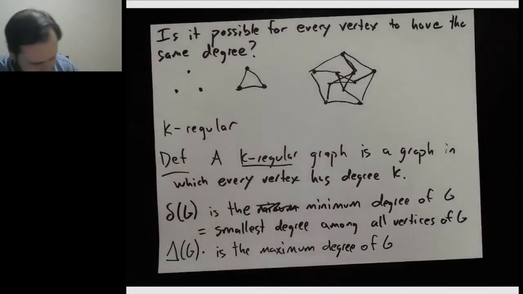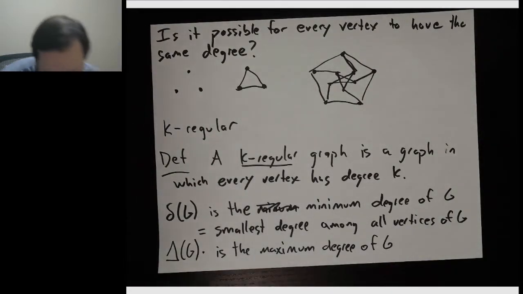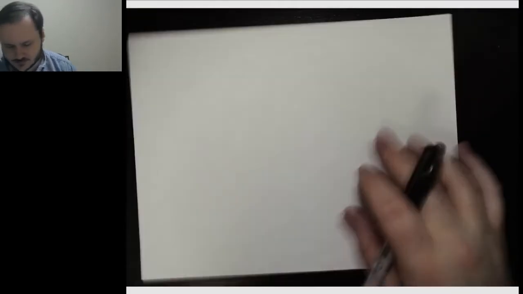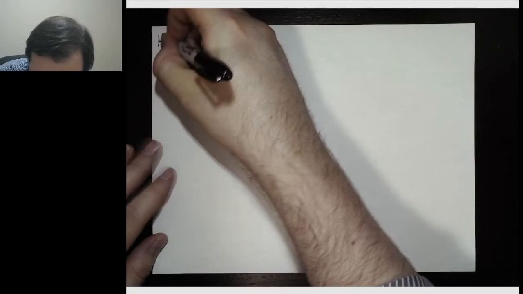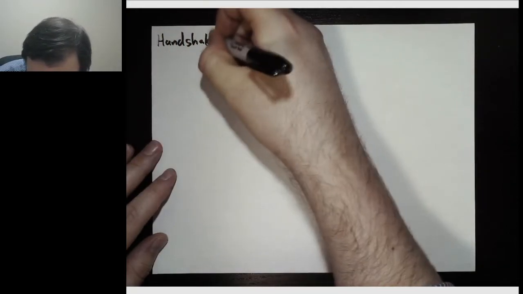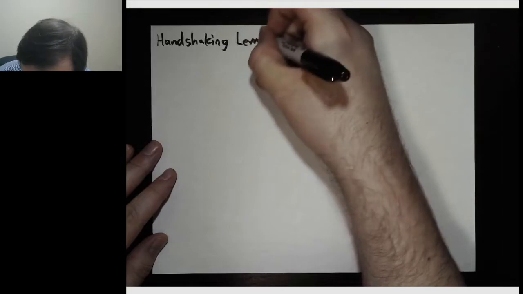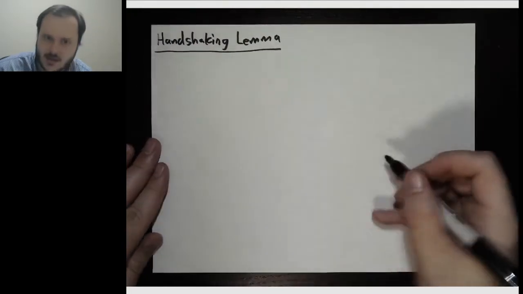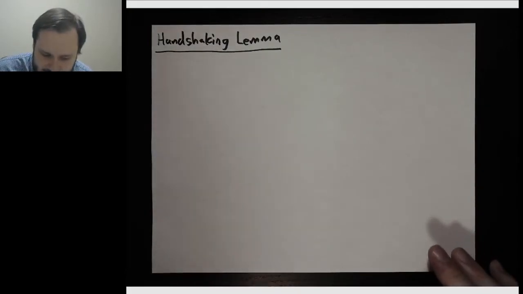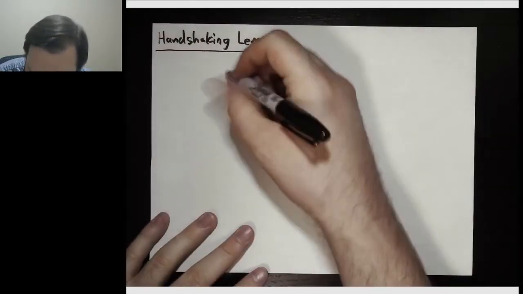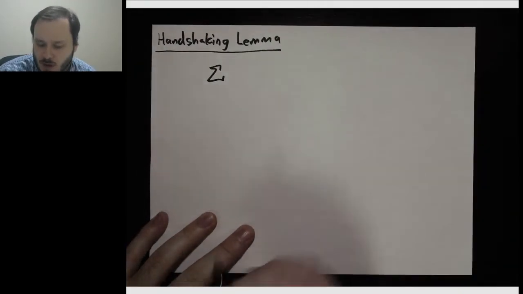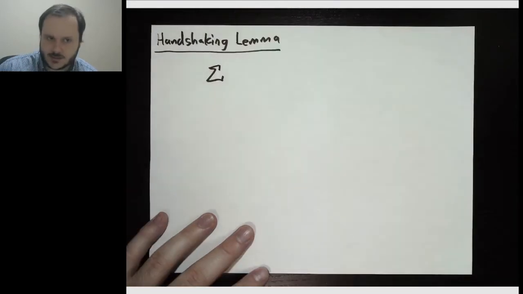Okay. Next, I want to talk about something called the handshaking lemma. The handshaking lemma says if I add up the degrees of all of my vertices in my graph, and the way we write that is using our sigma notation. Now, normally when I use sigma notation, I would write i equals start to end.